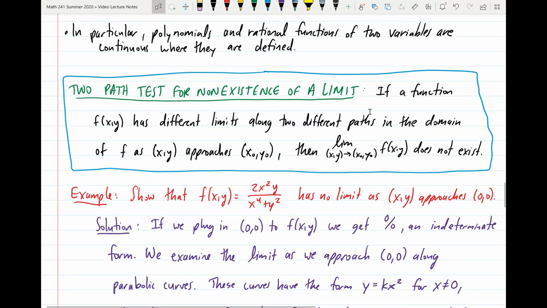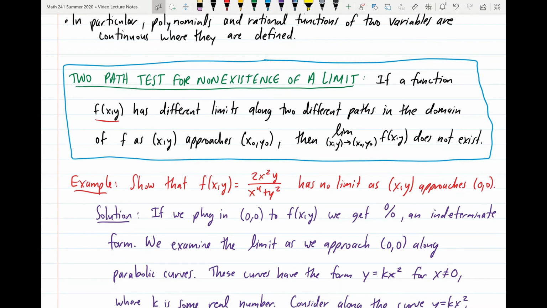And the test says this: if I have a function f of x, y, and if that function has different limits along two different paths in the domain of f as x, y approaches x0, y0, then the limit as x, y goes to x0, y0 of our function does not exist. So let me say that again.